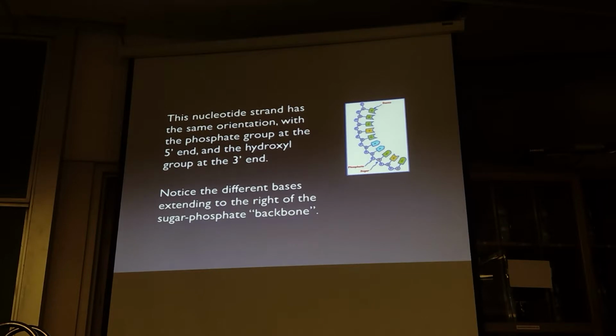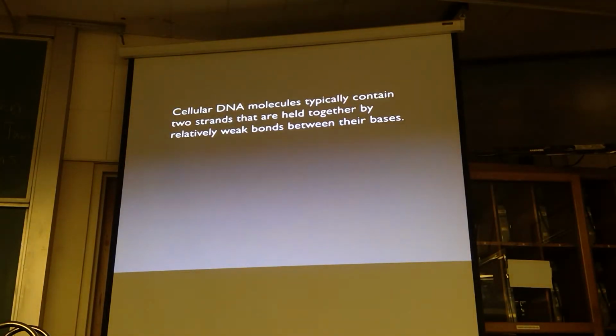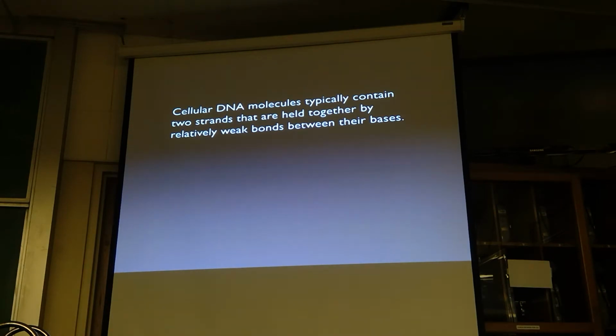So here we see a nucleotide strand. Phosphate at the top, that's the 5' end. Sugar at the bottom, well, it's the hydroxyl group on the sugar that is the 3' end. And then the different bases are sticking out to the side. You can see lots of different ways to diagram DNA. So again, cellular DNA molecules are typically 2 strands.